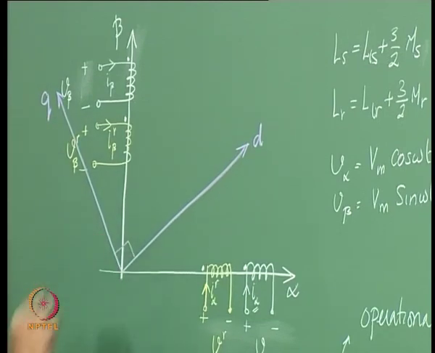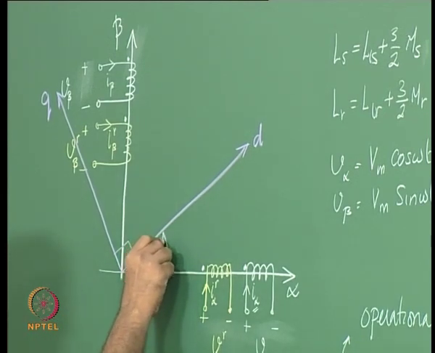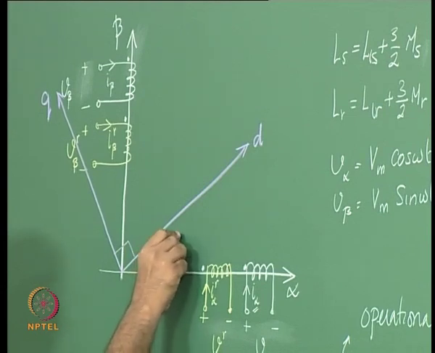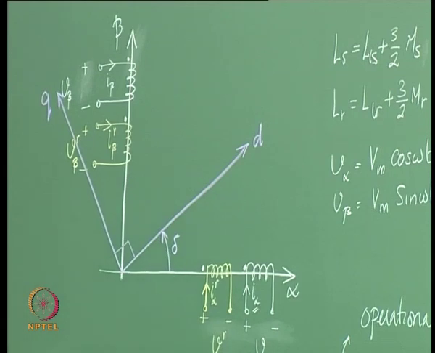This angle is of course 90 degrees, and this reference frame that is rotating, at this particular instant that we have drawn this figure, makes an angle of delta with respect to the alpha axis that is fixed on the stator.